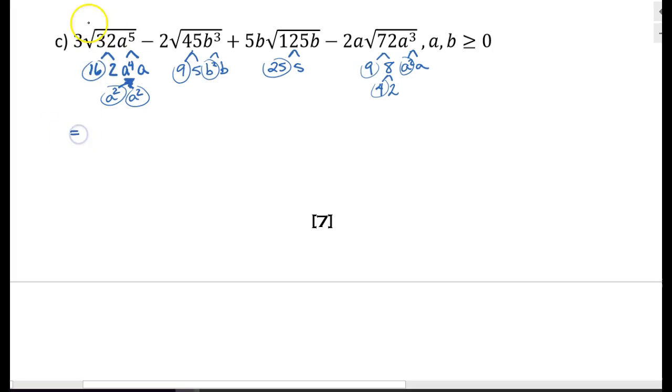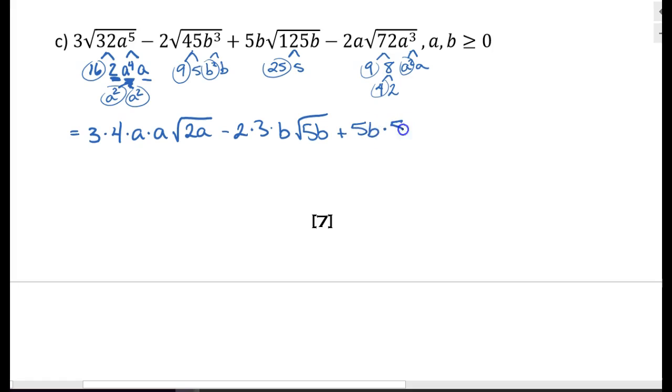So when I go to just write the simplified version of this, where my radicals are, for lack of a better term, reduced, I'm going to have 3 times 4 times a times a. And all that's left under my radical is 2 and a. For my second term, it's minus 2 times 3 times b, and I'm left with 5b underneath, plus 5b times 5, and I'm left over with 5 and b.